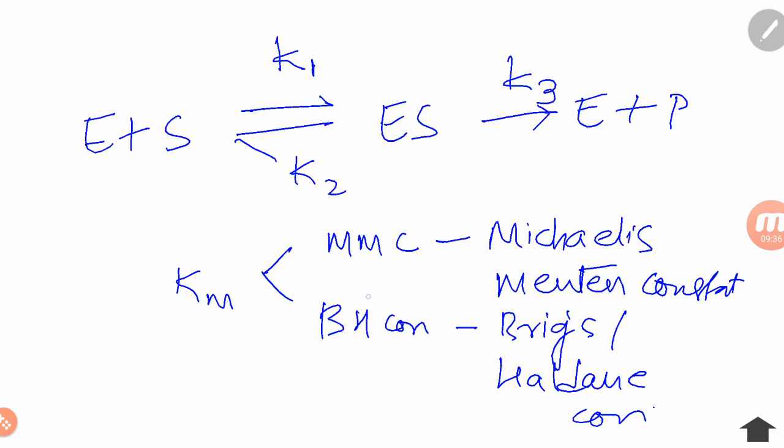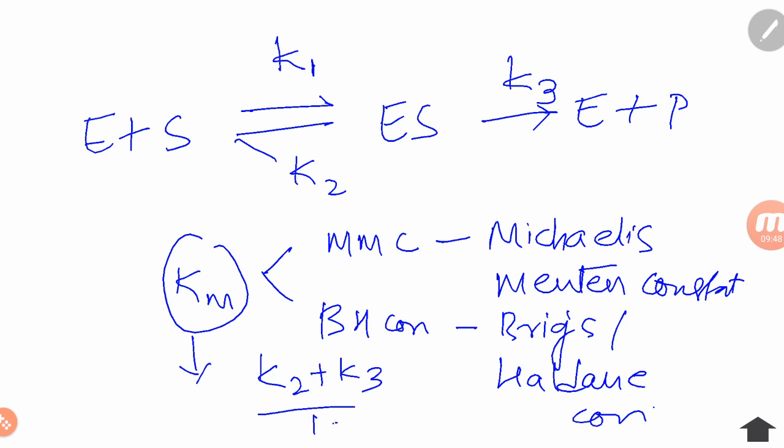So it can be called by these names. Obtaining from these K values, Km is equal to K2 plus K3 by K1. I hope you are very clear. K3 is here, K2 is here, and K1 is here. So Km is equal to K2 plus K3 by K1.